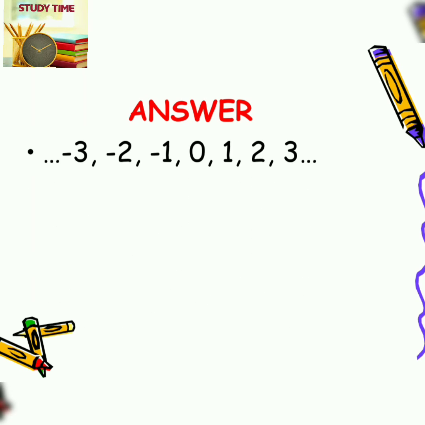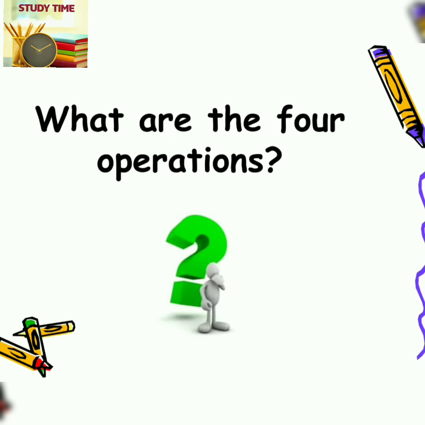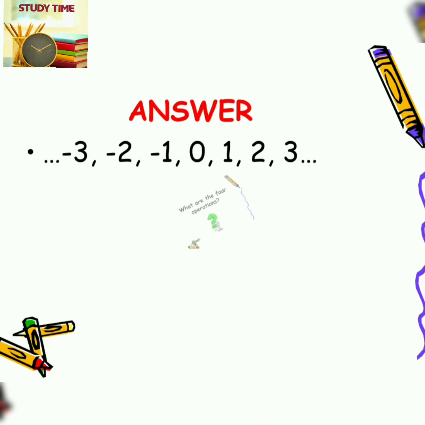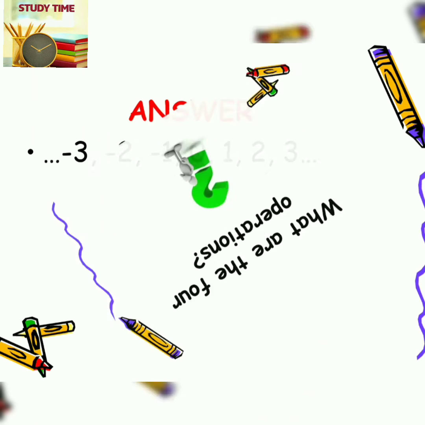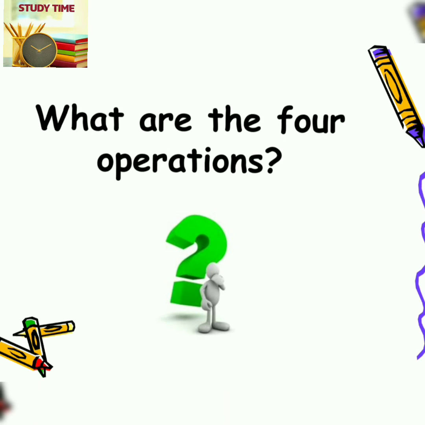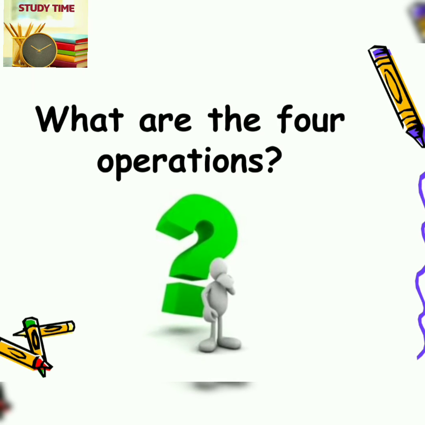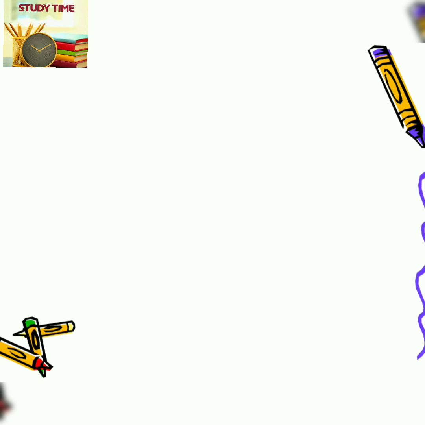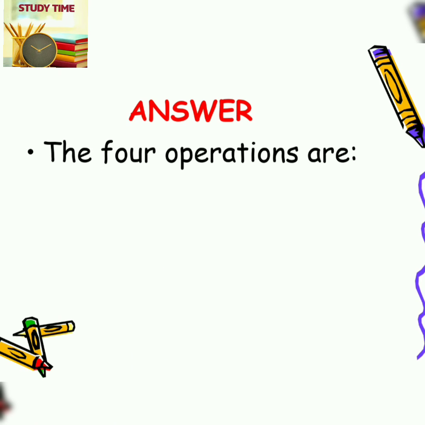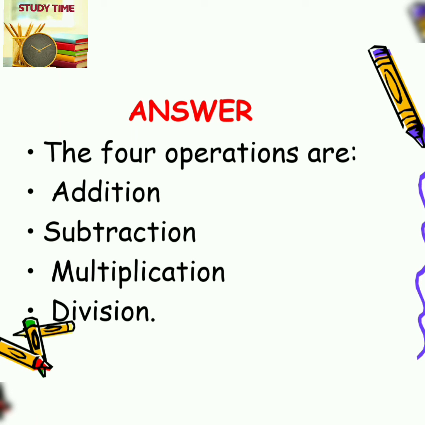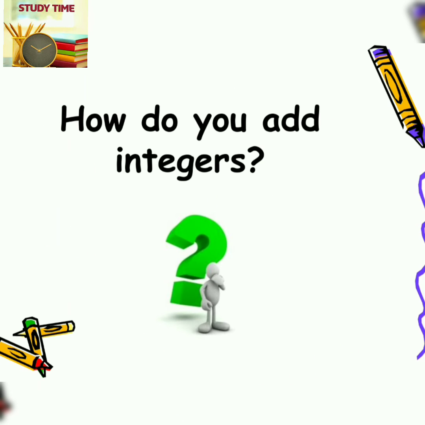Yes, we can. -3, -2, -1, 0, 1, 2, 3 till infinity. Now the third question, what are the four integer operations? Answer, the four operations are addition, subtraction, multiplication and division.